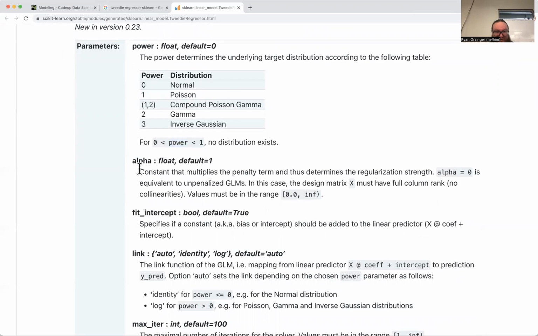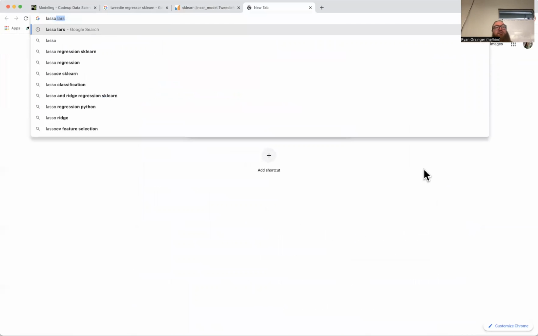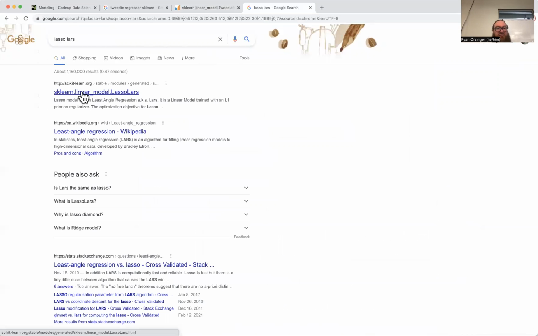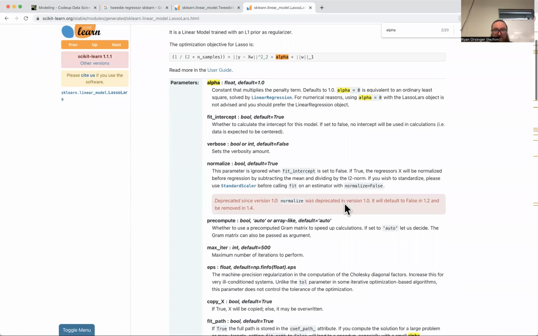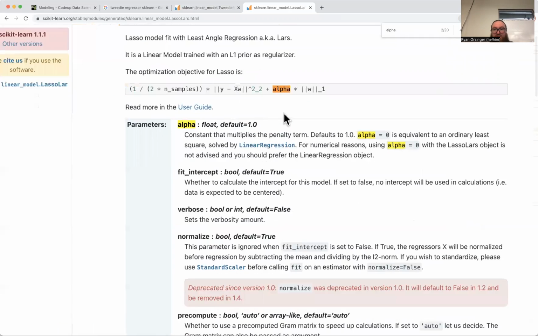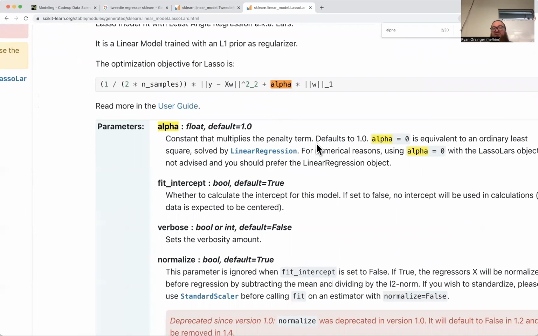So your question, D'Angelo, is the alpha the same thing? Constant that multiplies the penalty term. And this determines the regularization strength. I think this might be the same thing. Let's check it out. Let's check out our Lasso Lars. This is a constant that multiplies the penalty term.